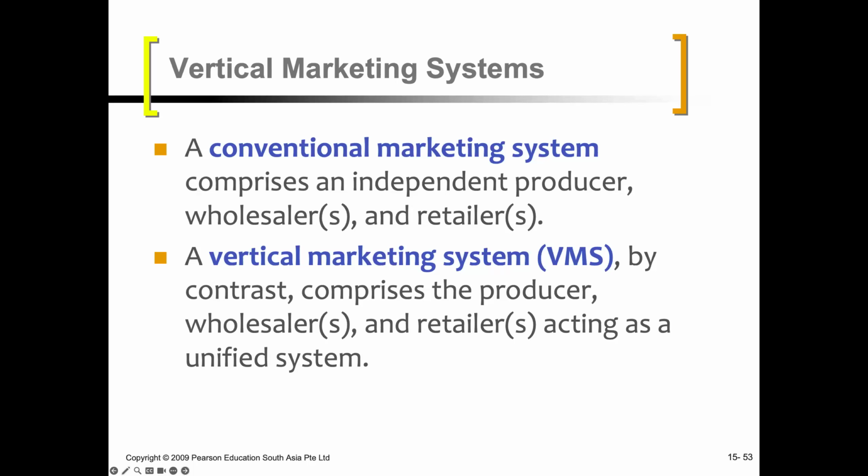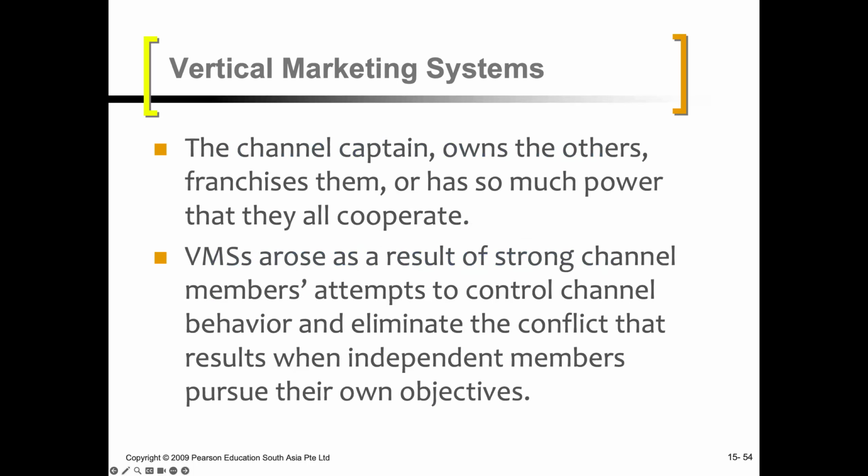So basically, all these three parties have to work together. The channel captain owns the others, franchises them, or has so much power that they will all cooperate.